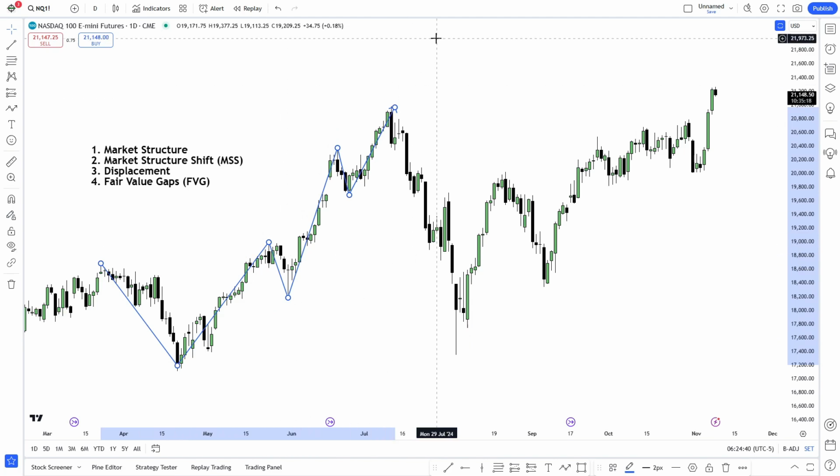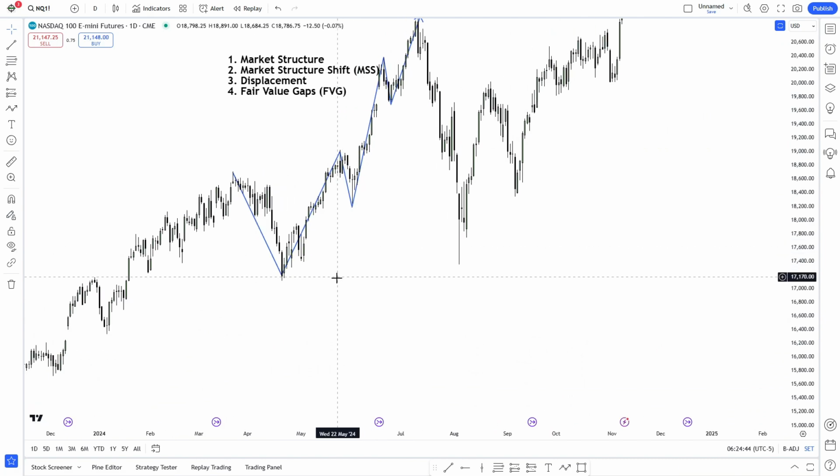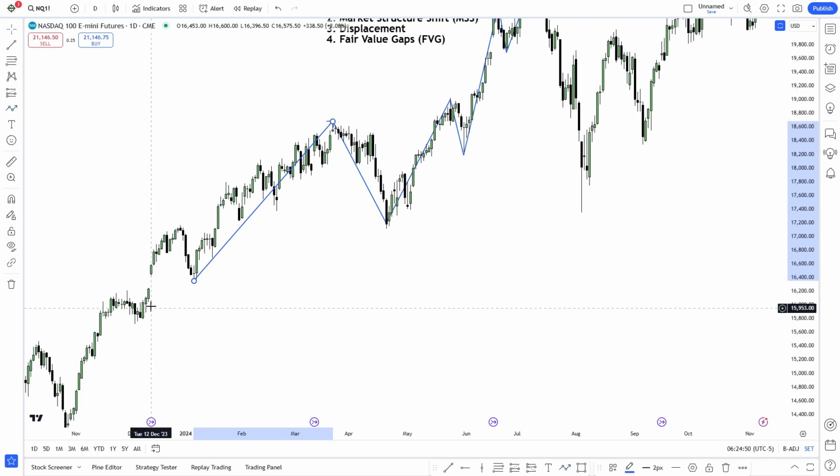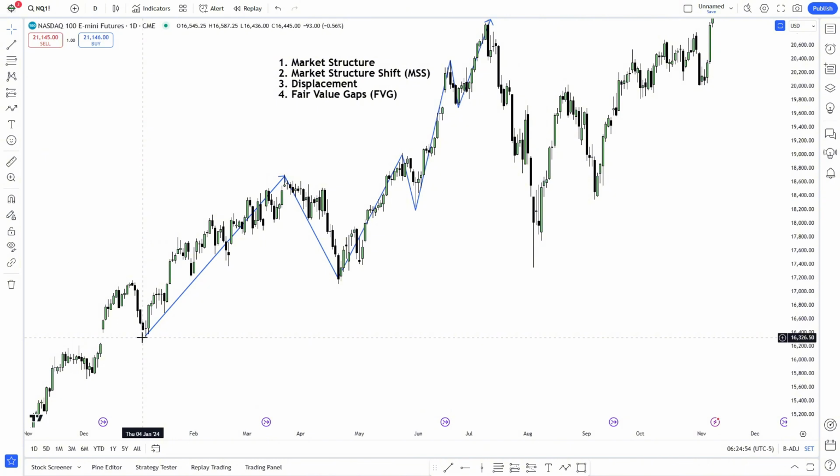Okay, so why is this useful? If we continue it out, we can see that we are now making higher lows and higher highs.